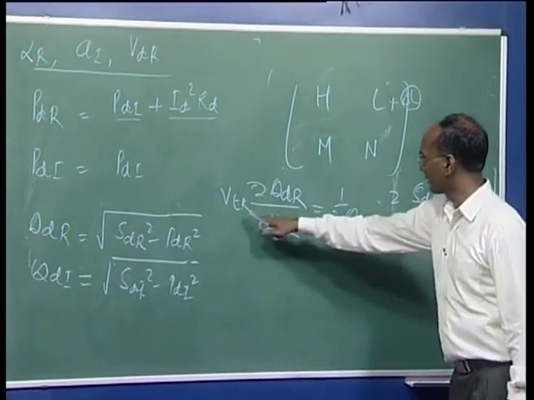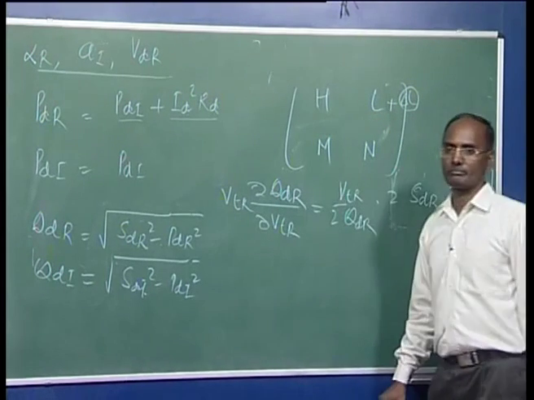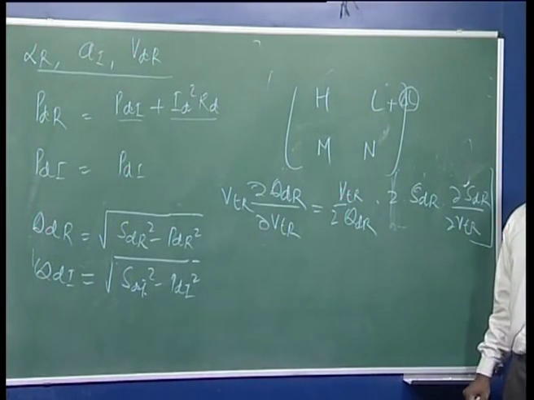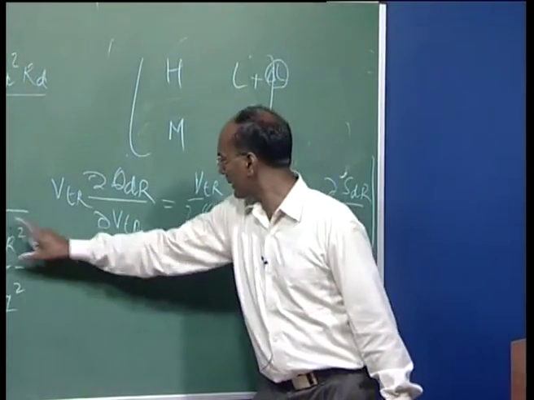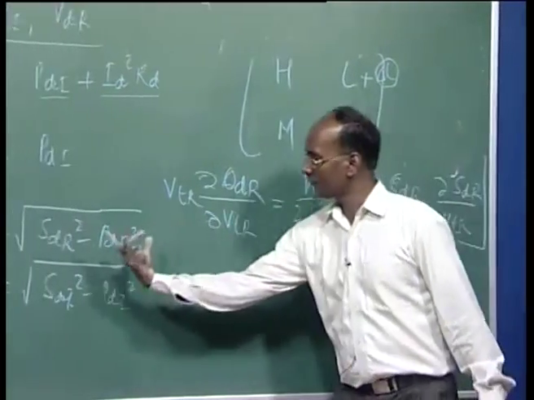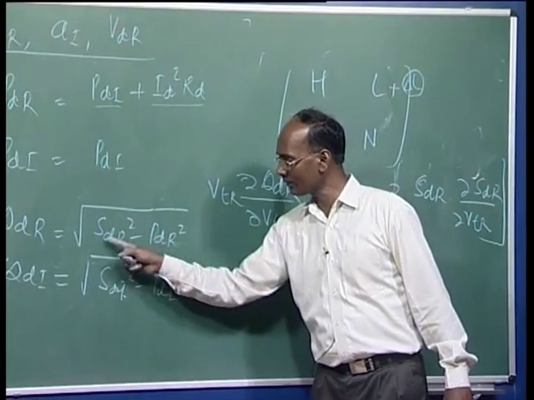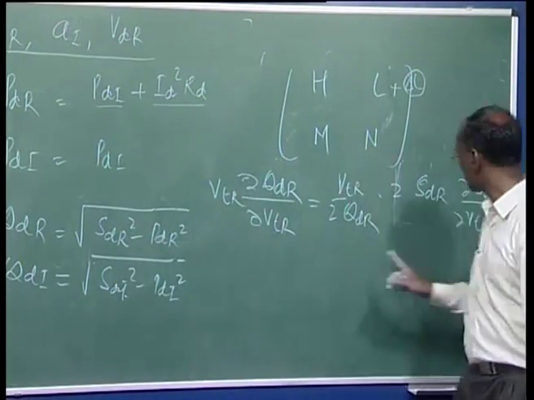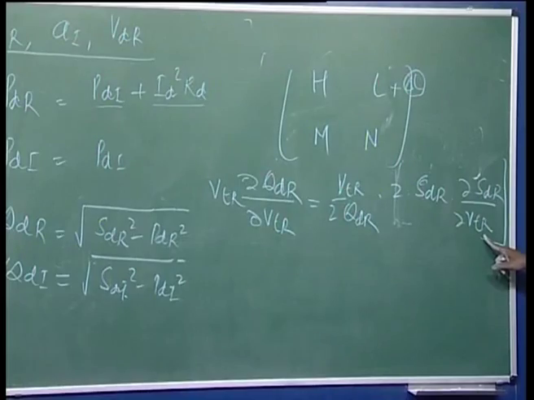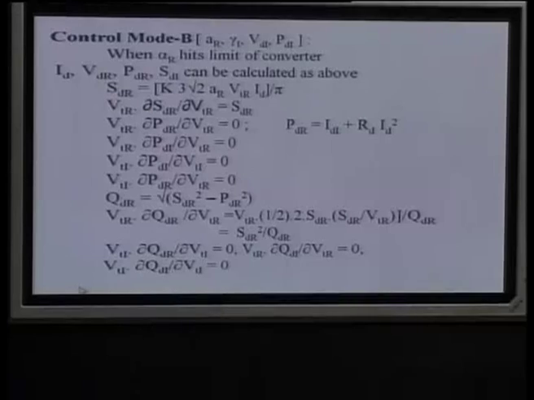And since we are going to multiply VTR here, I have to write the VTR as well. Okay. The VTR I have multiplied here. I wrote for the differentiation of this 1 upon 2 QDR into, now we are differentiating the inside term. This will be 0, constant. So, it is twice of SDR into the differentiation of the SDR with respect to the VTR. Now, you can see the SDR here. It is directly a function, SDR is the VTR.